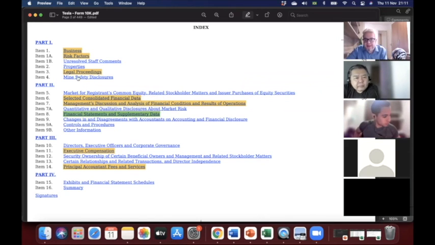I highlighted some things here that will be the most important parts of the report for us, okay? It's always like this. It always has these 4 parts. In part 1, we will have business, in which they will mention, it's almost a summary of all the business activities of the company. So what is Tesla about? What does it produce?